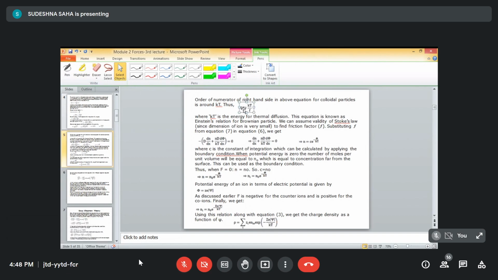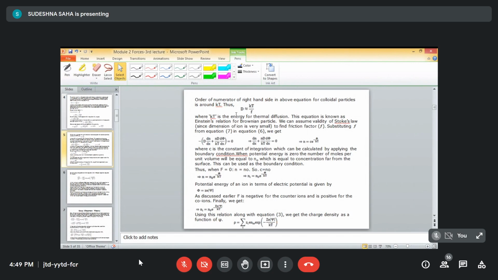If you remember, probably Shashwata sir has already talked about the Stokes-Einstein equation, something like this, where kT is the energy for thermal diffusion, k_B is the Boltzmann constant and T is the temperature. This equation is known as Einstein's relation for the Brownian motion of the particle. And obviously we can assume validity of the Stokes law to find the friction factor.